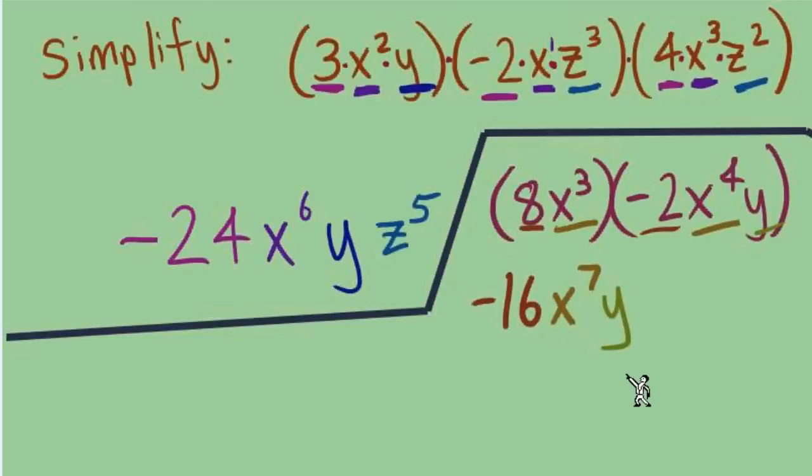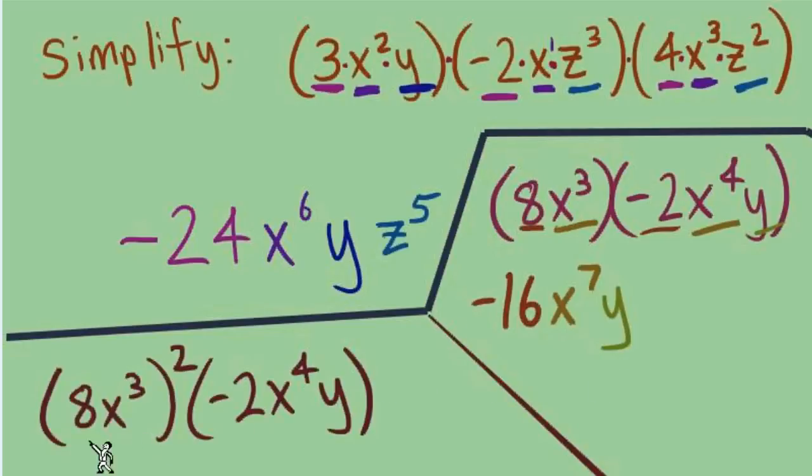Okay, now let's hop back here and talk about one last detail before we make our next leap. If we saw this kind of a problem where we did have an exponent outside of parentheses, that is a way that we say it applies to this x to the third and also to that 8.